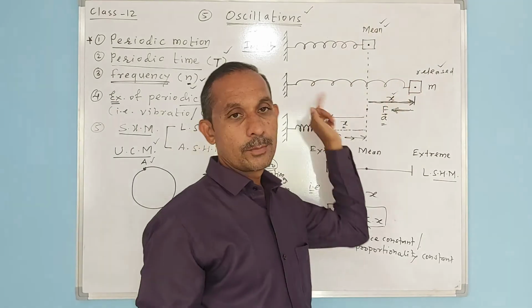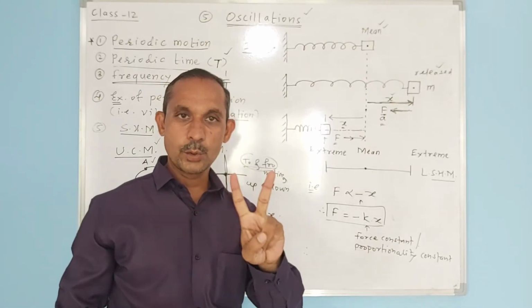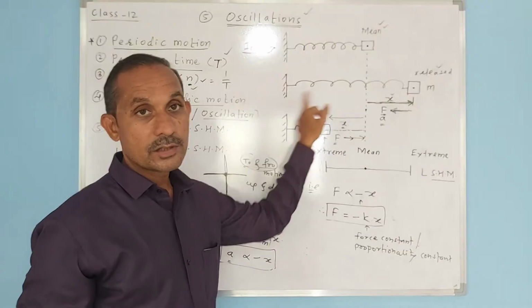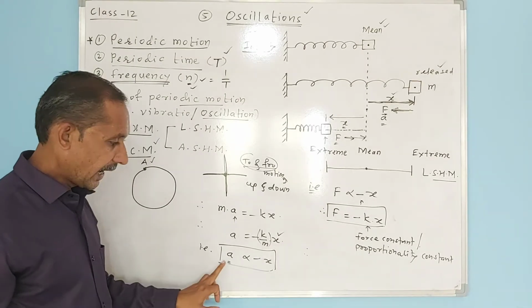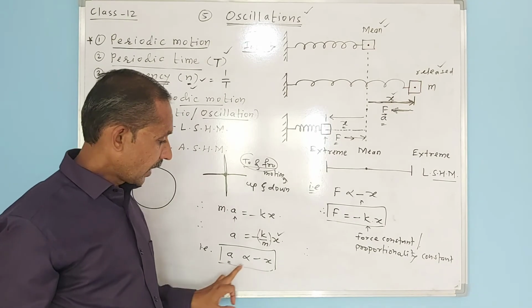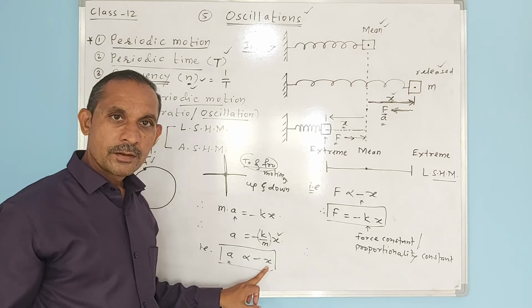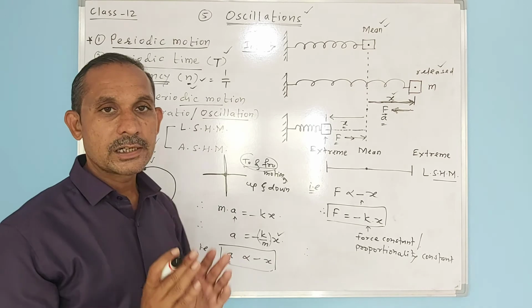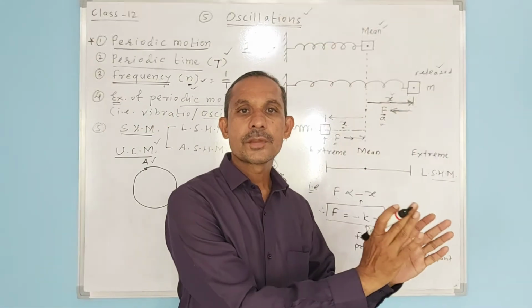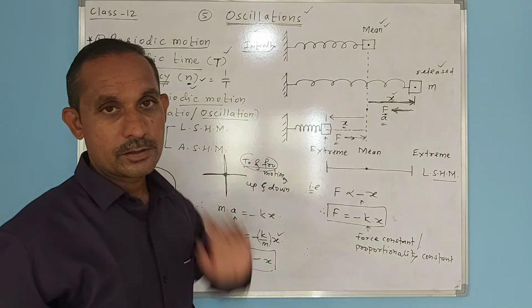Means in oscillatory motion, force and acceleration are directly proportional to the displacement with opposite direction, or directed always towards the mean position. So this is all about the oscillations.